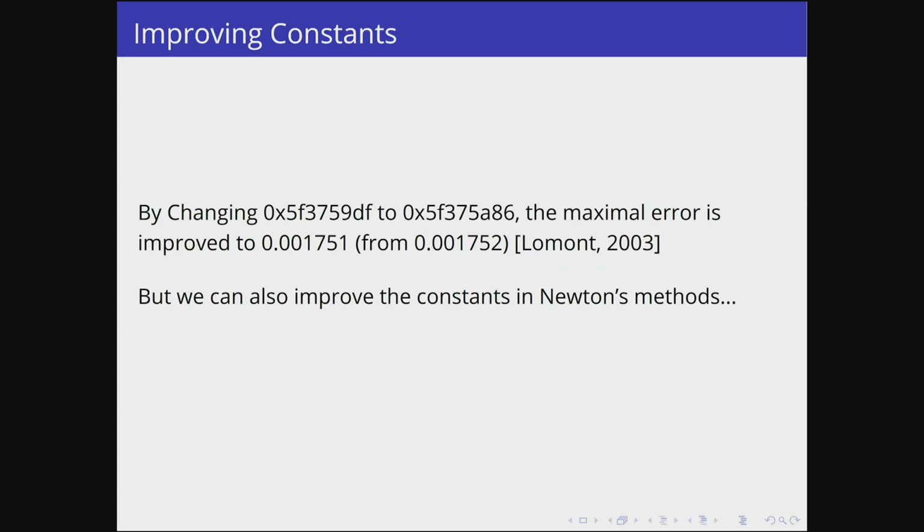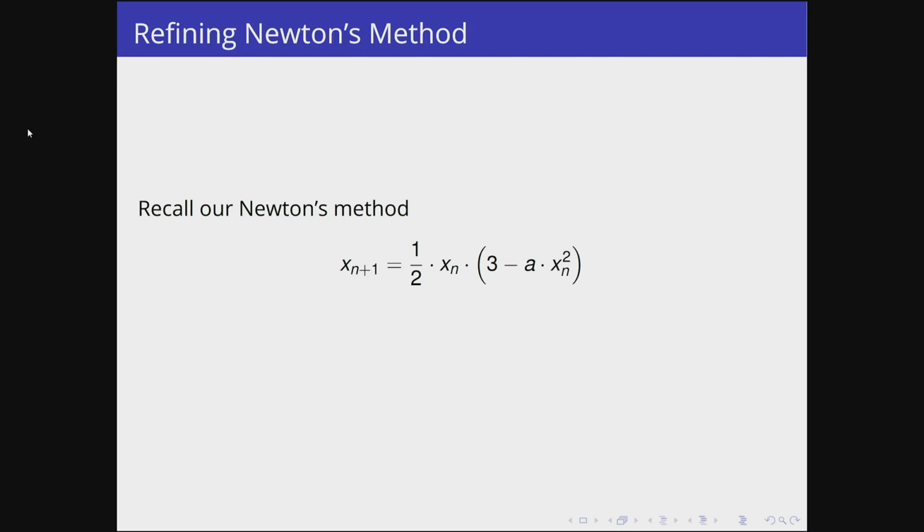But also, if you remember, we have some constants in our Newton method. And maybe we can also improve those constants. And yeah, if you remember Newton's method iteration step, we have 1/2 times xn times 3 minus a xn squared.